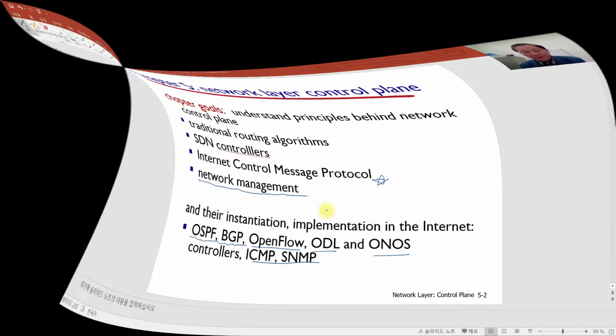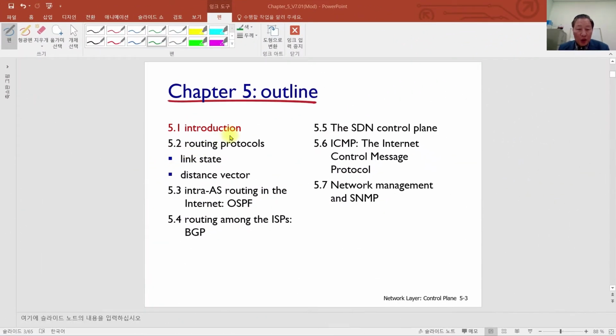We learn about them. This chapter is composed of 7 sub-chapters. The first one is the introduction. And the next one is about routing protocols, and about the link state algorithm and distance vector algorithm.